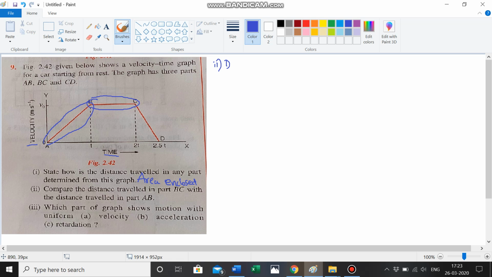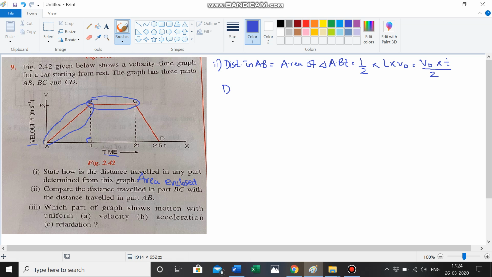Distance traveled in part AB is equal to the area of triangle ABT, which is equal to half, since this is a right angle triangle, base, which is AT, which is T, into height, which is V0. So this is equal to V0 into T upon 2.